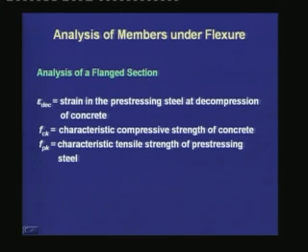We also know epsilon DEC, the strain in the prestressing steel at decompression of concrete, which is a function of the prestressing force applied. And we also know the material properties. FCK is the characteristic compressive strength of concrete, FPK is the characteristic strength of the prestressing steel.